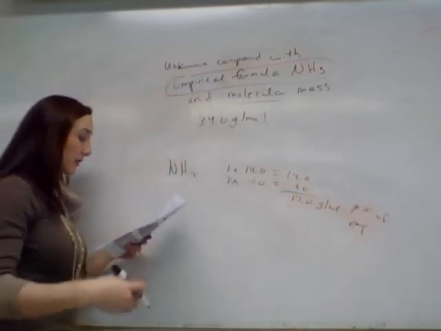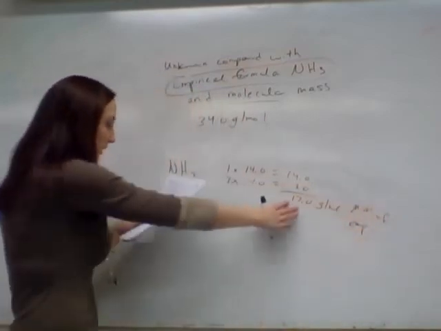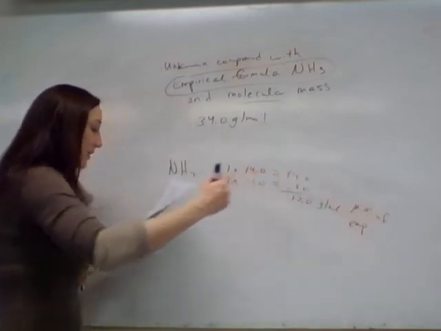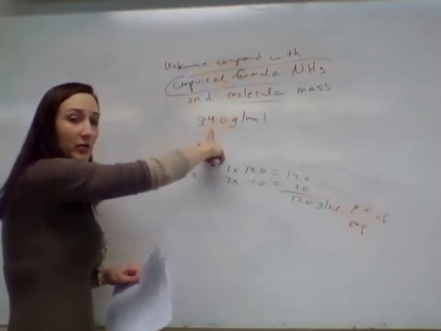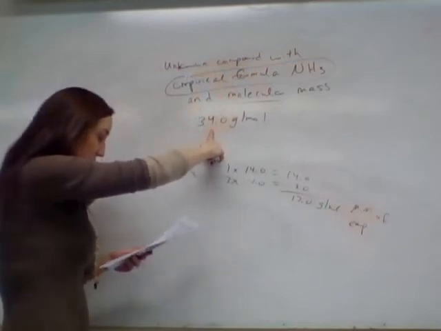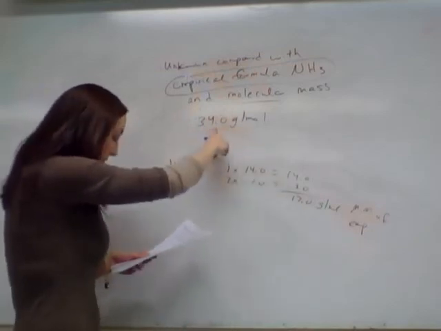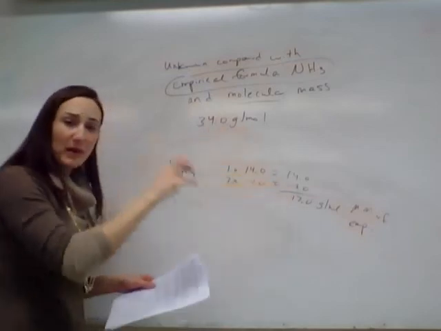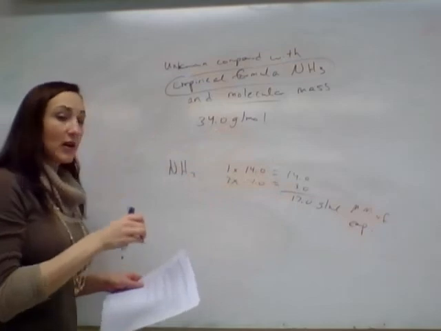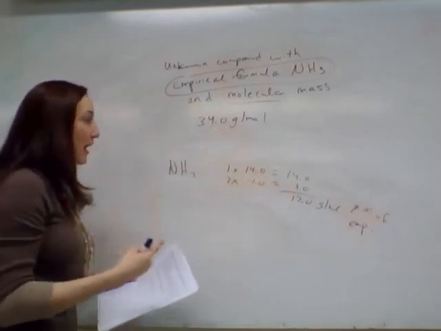Okay, so step 1, compare the molar mass of the empirical formula, which we calculate, to the molar mass of the molecular formula, which we've been given. Okay, so there we have both of those. Step 2, we're dividing the molecular mass by the empirical formula mass. So it's always going to be the big number divided by the little number, because we're trying to come up with a whole number, that multiplier for our subscripts.